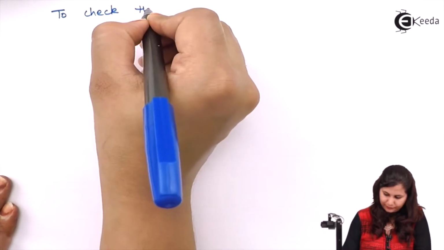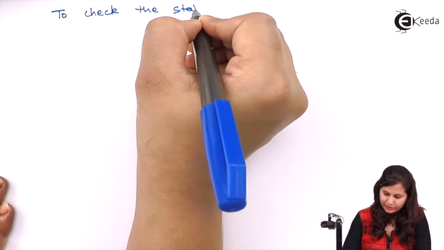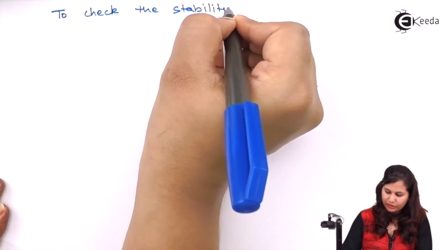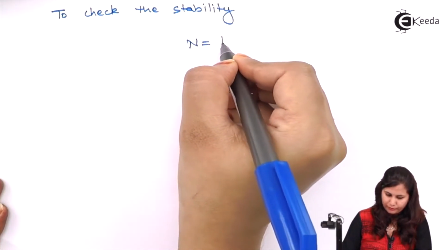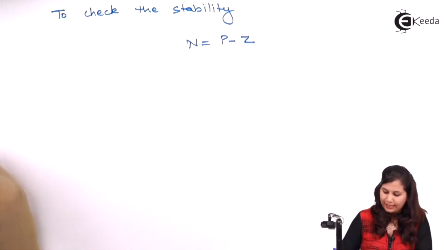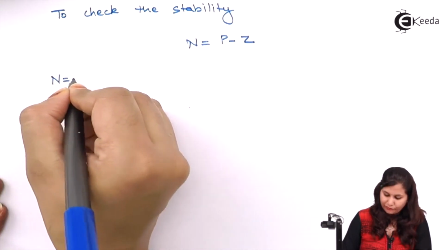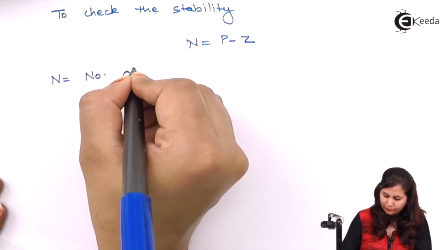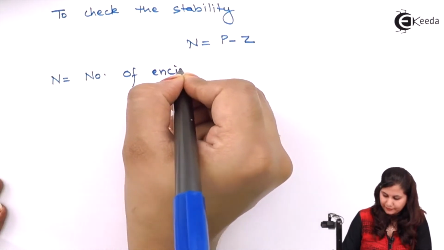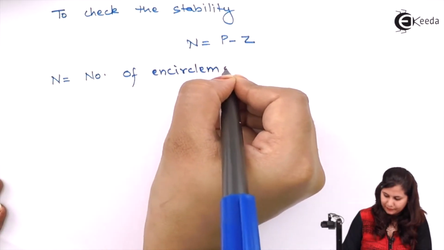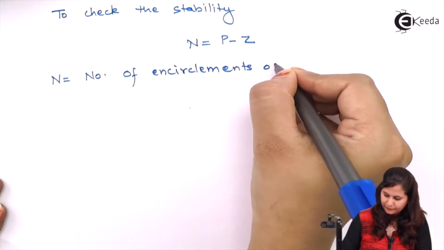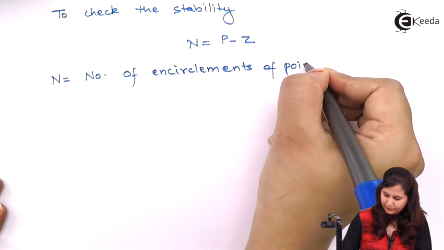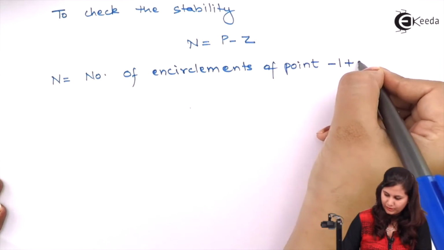For the stability check, we will use the equation N equals P minus Z. N is the number of encirclements of the point minus 1 plus j0.